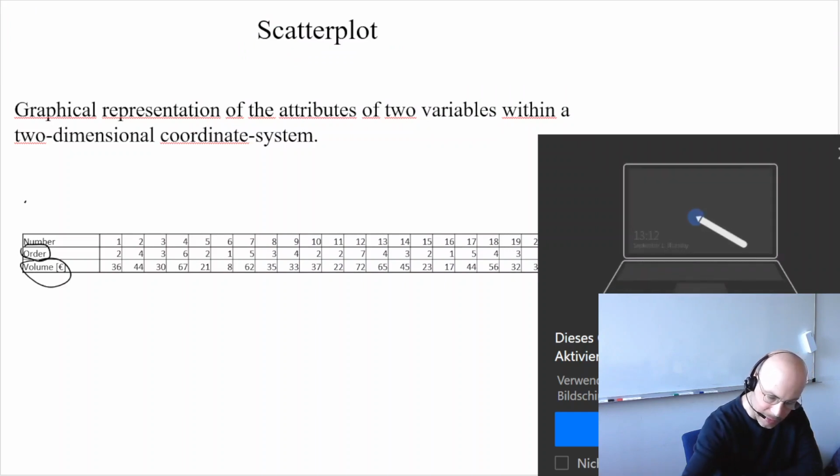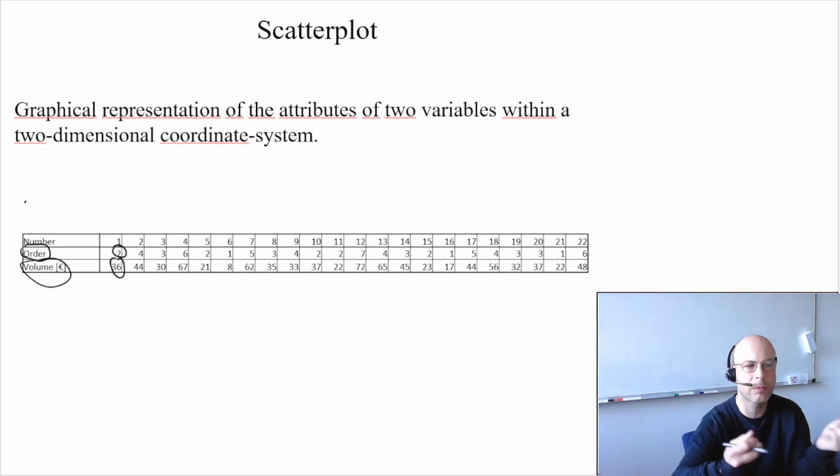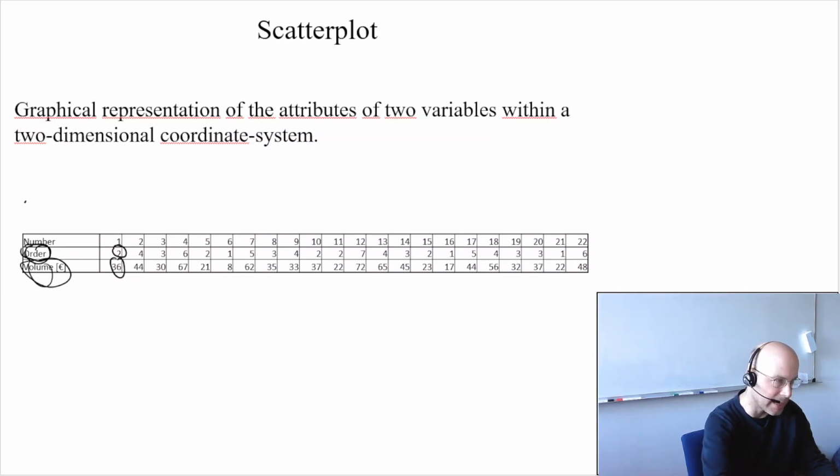So the first data point is that, let's say in the first month we had 2 orders and we had a revenue or a volume of 36 euros and so on. And now we want to know, is there any dependence between these two variables, order and volume?